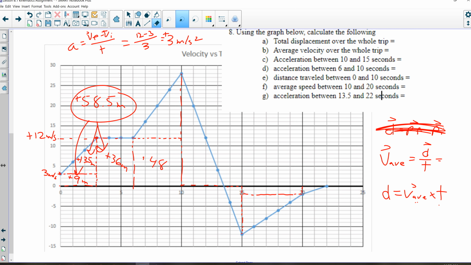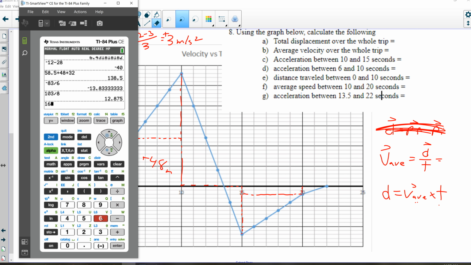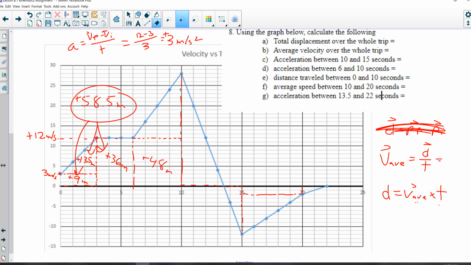This triangle here goes from positive 12 to positive 28, so it's 16 high by 4 wide. So 16 by 4 is 64, and then divide that by 2, so that one's going to be 32 meters.